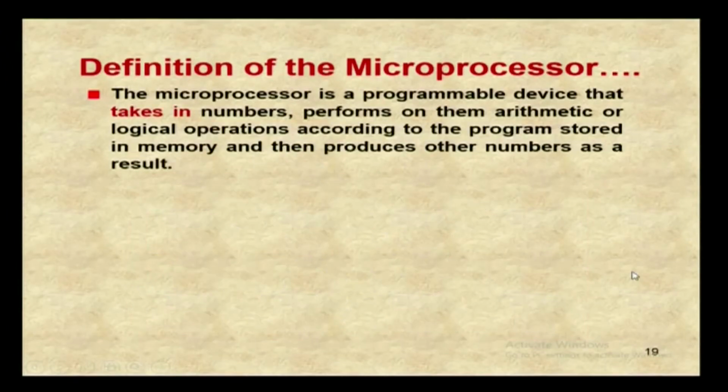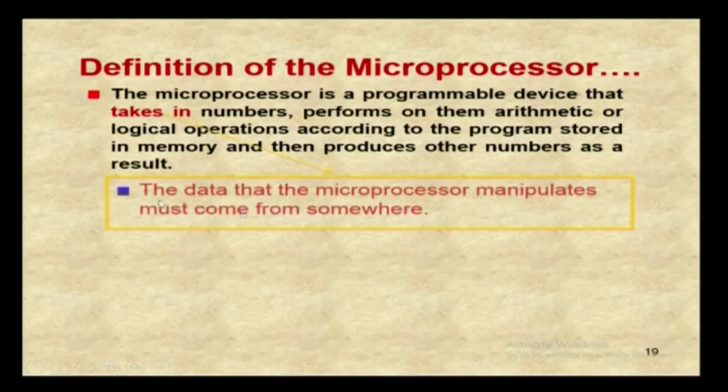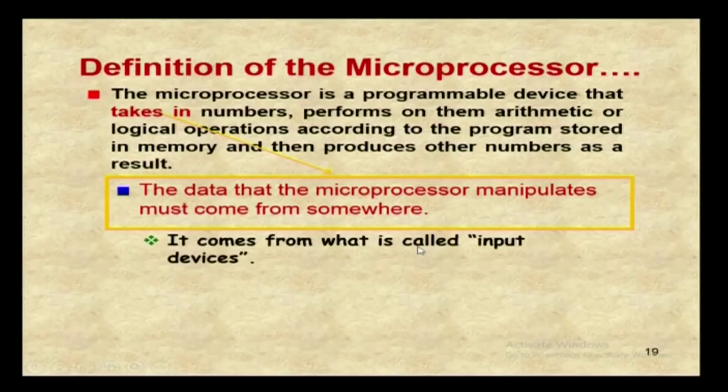Then again, we see that a microprocessor takes in numbers. What is meant by takes in? The microprocessor has to take in the data to manipulate. The data has to come from somewhere, because the microprocessor cannot hold all the data. It comes from an input device.